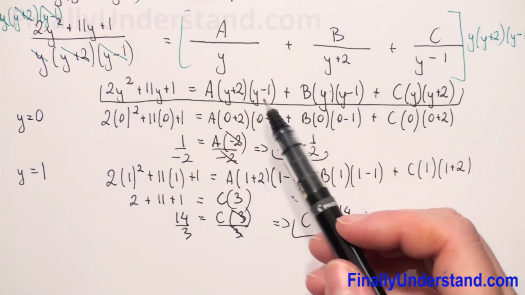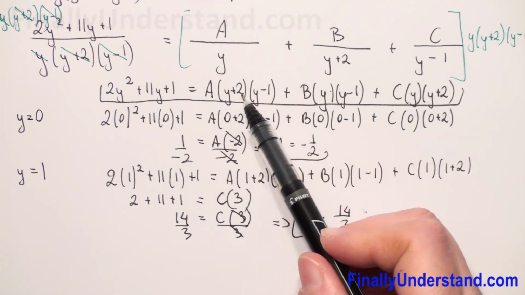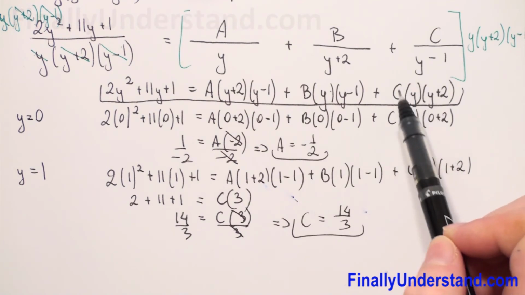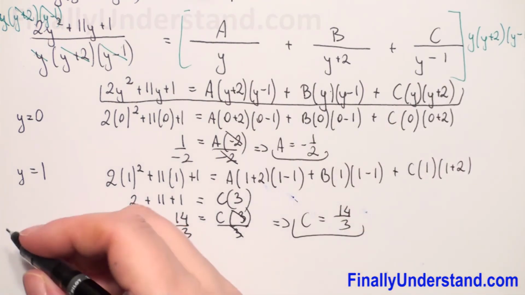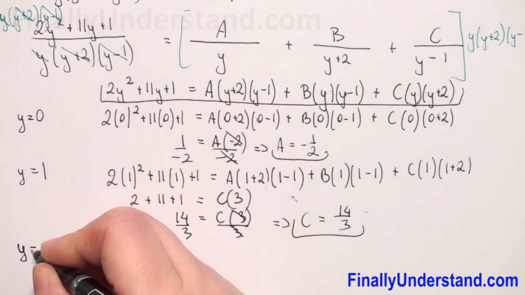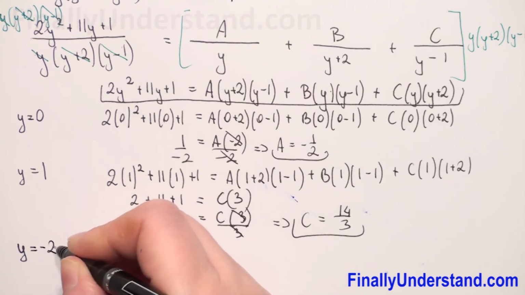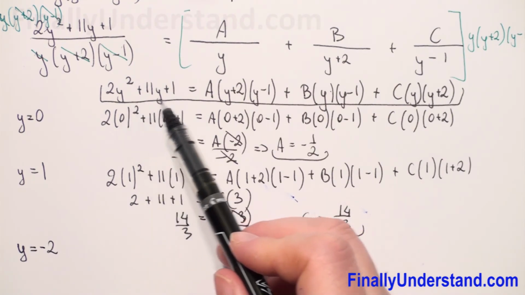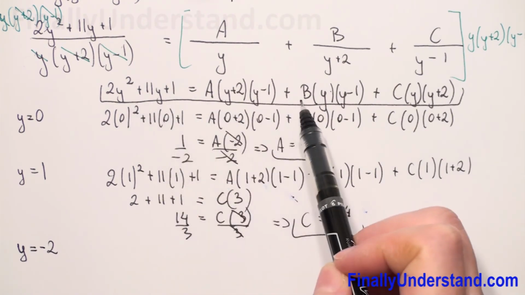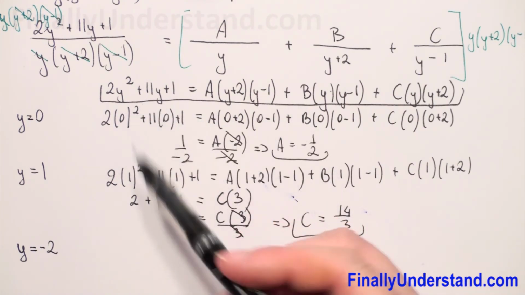When we now substitute y by negative 2, we see that this term will cancel out and the last term will cancel out. So we have only unknown b. So let's put that y is equal now negative 2. So we now substitute y's on the left side and on the right side by negative 2.